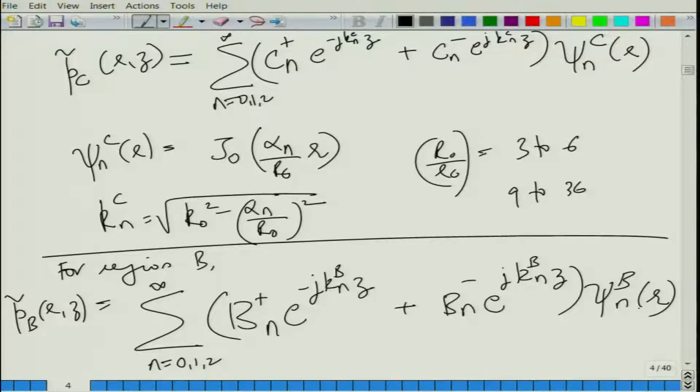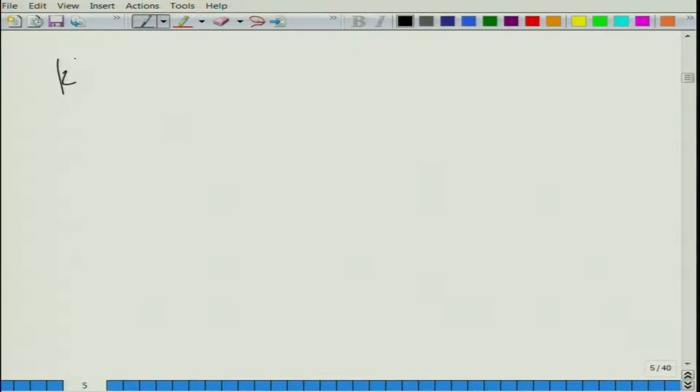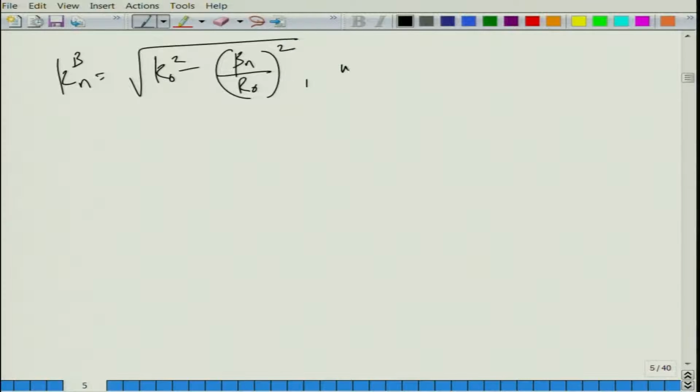Where K P N is this thing, where beta n, again we have only axisymmetric mode in the annular cavity as well, and your xi n b function, let me write down this guy first.